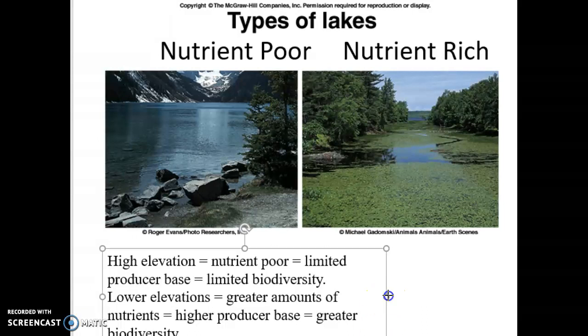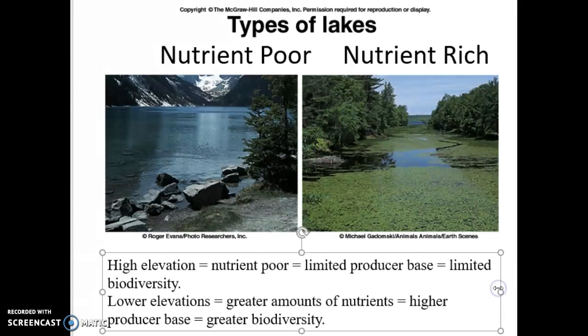Okay, so the lake on the right, nutrient rich, all that green stuff growing. While it may look nasty, that's producer. That's a producer base. It helps increase the productivity of that aquatic system, which means it can feed more herbivores, it can feed more carnivores, and so on up the food chain.